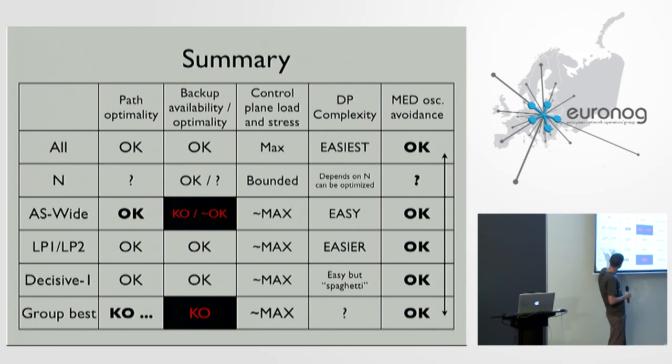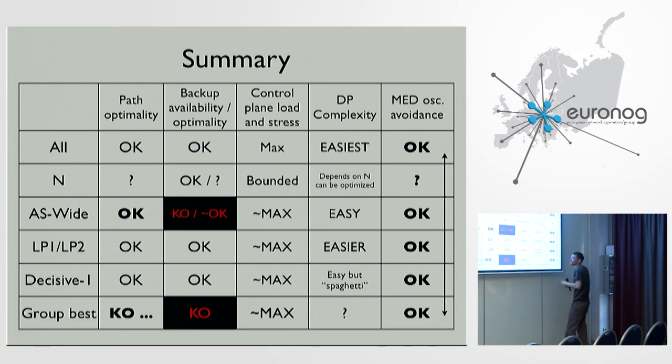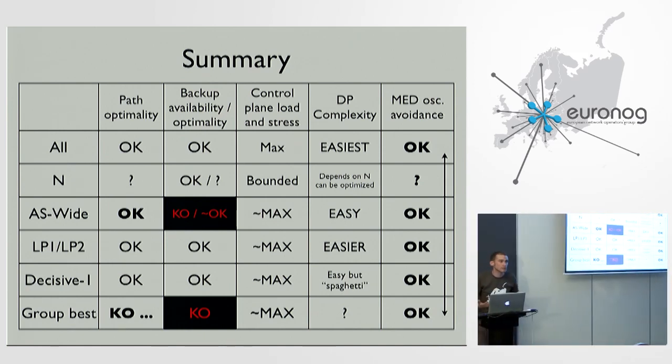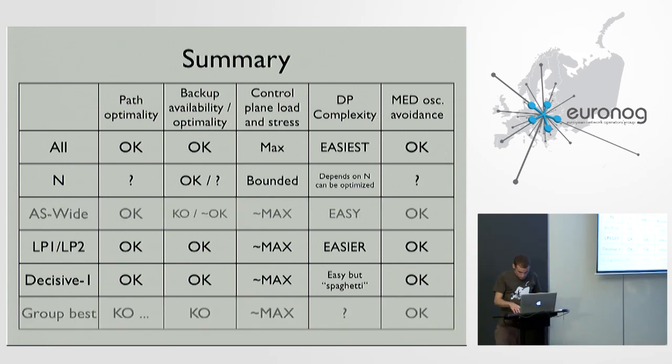These modes have been designed to achieve MED oscillation avoidance, but the main motivation to implement and deploy AddPath is about PIC, load balancing and optimal routing, which these guys are not good at providing. So I would recommend to not put a high priority on these modes.